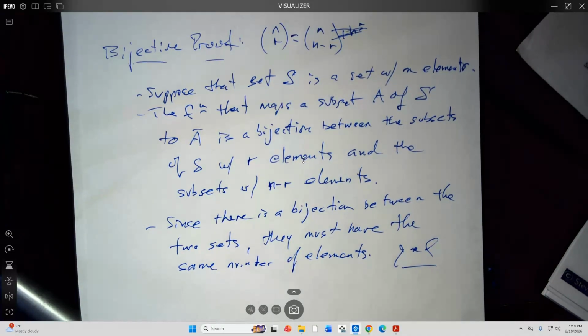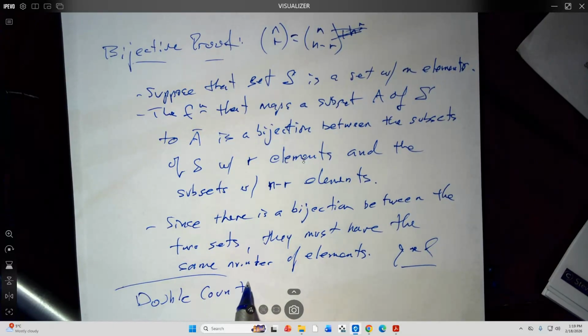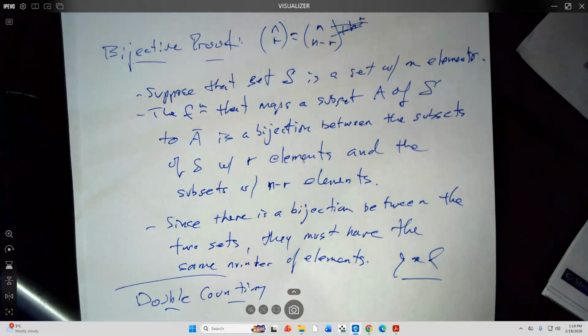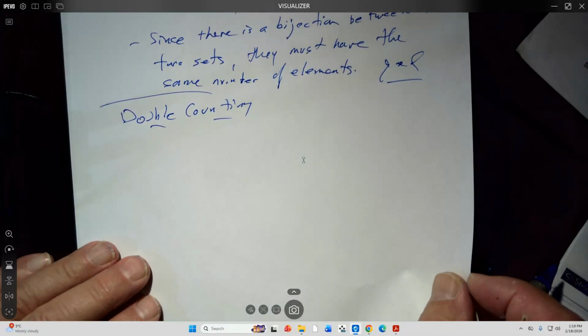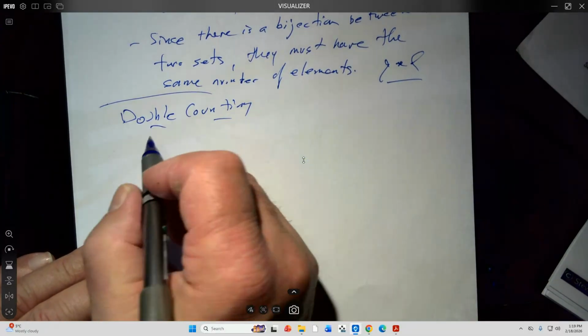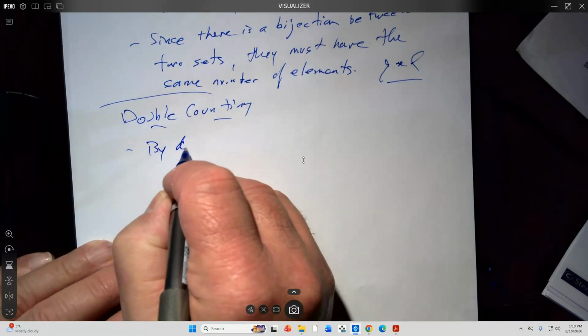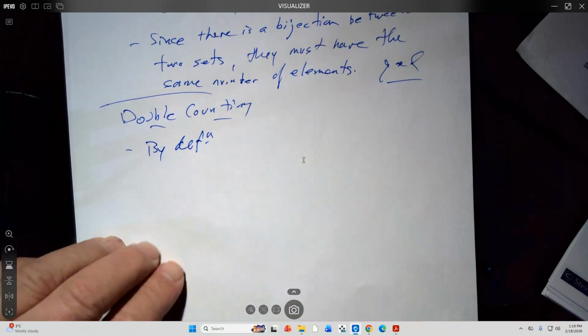Double counting. So this example allows us to explore both of these methodologies. Okay. By definition, that means definition.